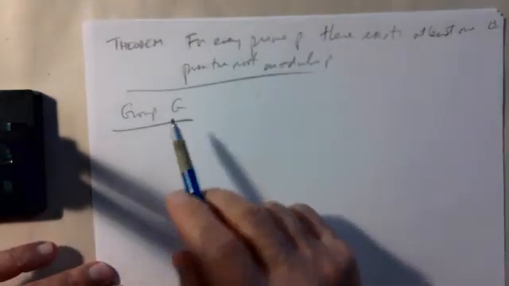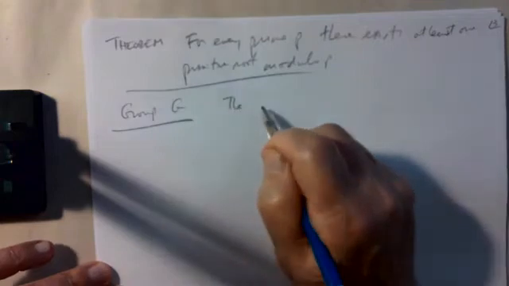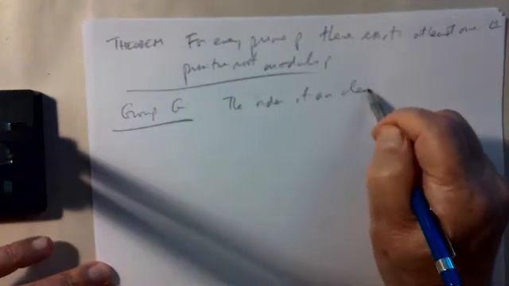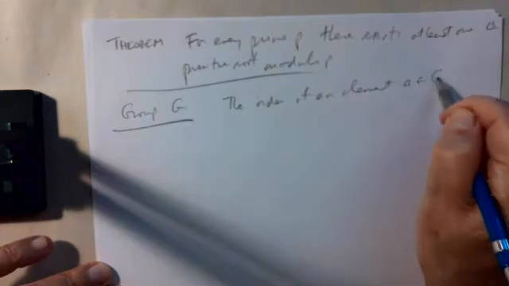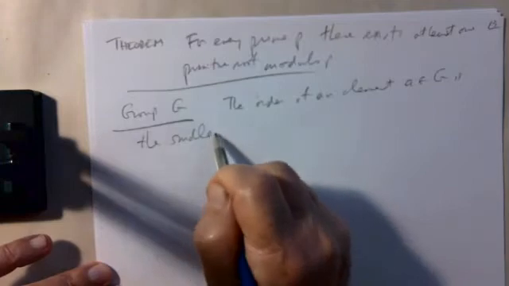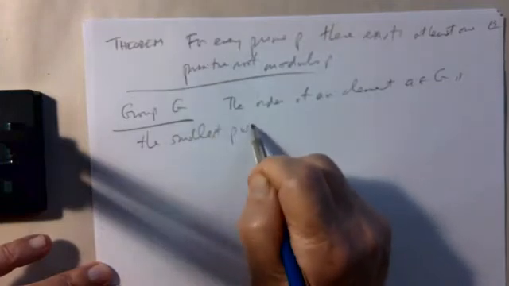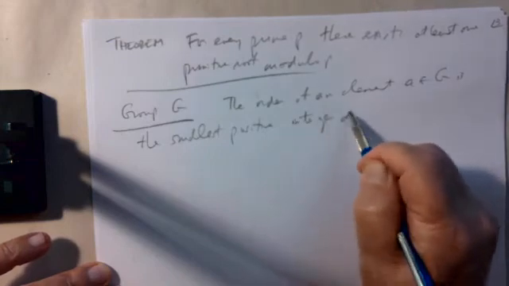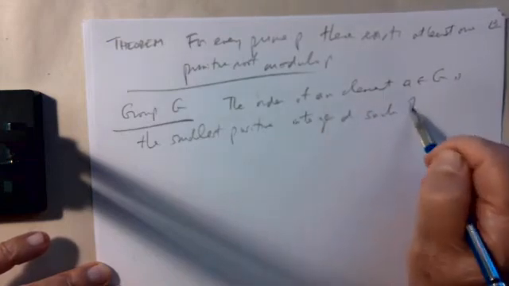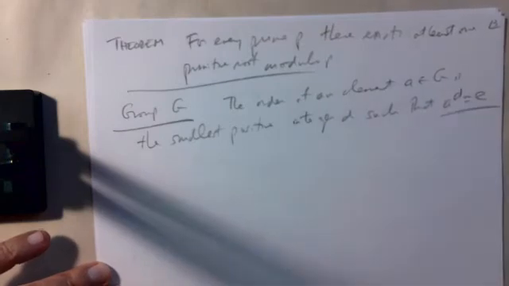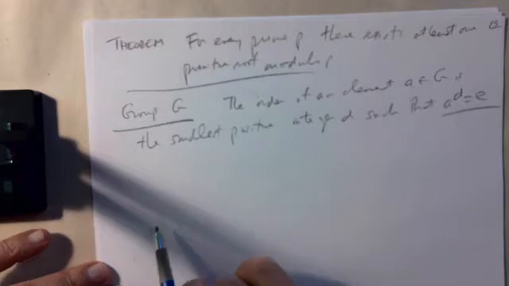So we have a group G. Let's recall the order of an element a in G is the smallest positive integer d such that a to the d is the identity. That's the order of an element in a group.